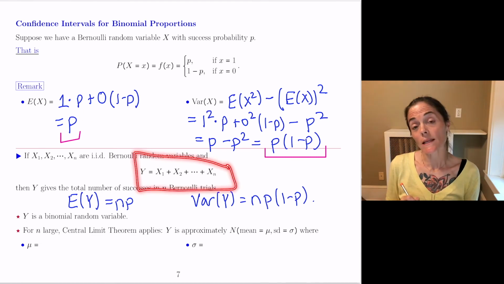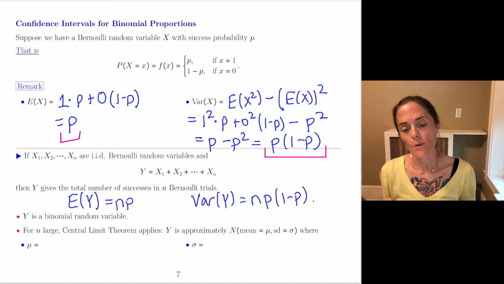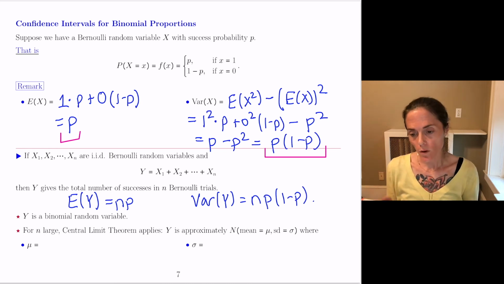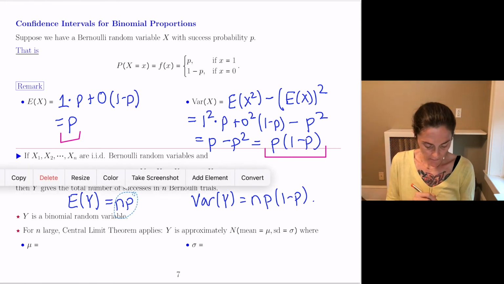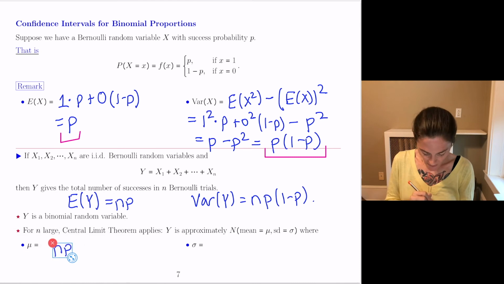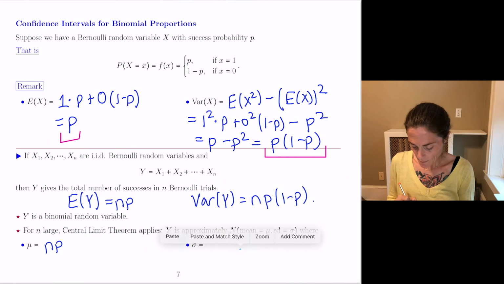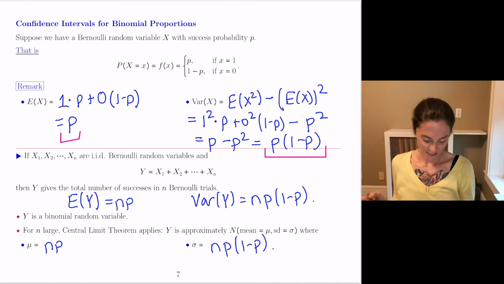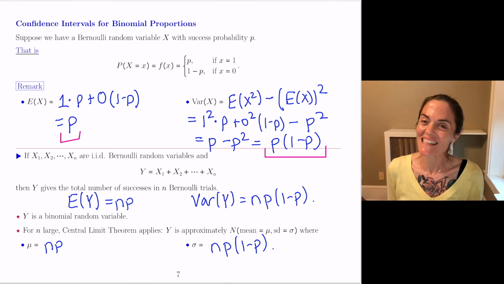If you recall, the central limit theorem was a statement about sums of n independent, identically distributed random variables. And so Y would be approximately normal, mean mu, standard deviation sigma, where the expected value mu is n times p, and sigma is the square root of np(1 minus p). Oh, not negative, just like this.